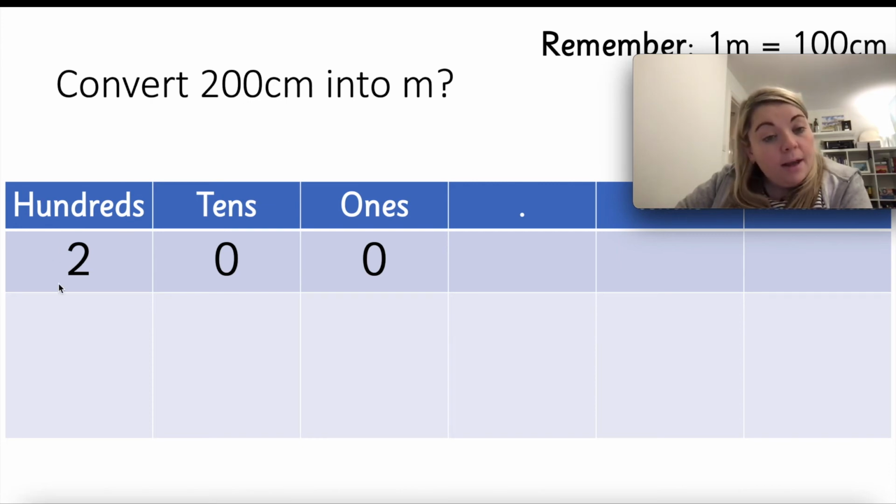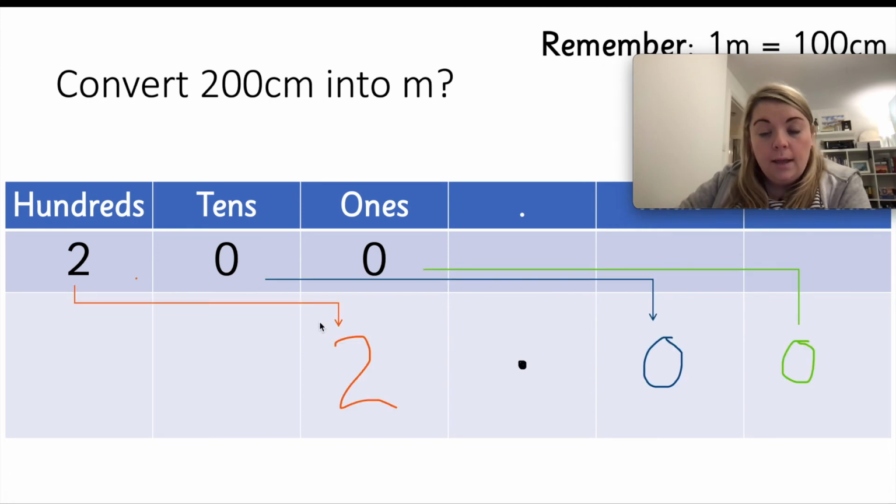So if I lay out my numbers in my place value columns like below, I know that I need to move this 2 in my hundreds 2 place value columns to the right because I'm dividing by 100. So my 2 moves not to my tens column but to my ones column. My 0 moves not to my ones column but to my tenths column, and my 0 in my ones column moves not to my tenths column but to my hundredths column, as shown here.